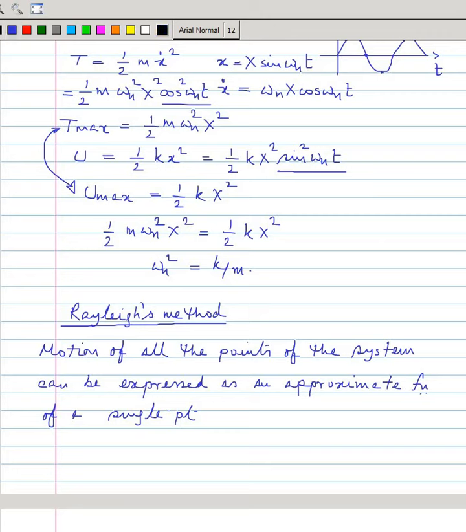Or better we write: expressed in terms of a single point using an approximate function.